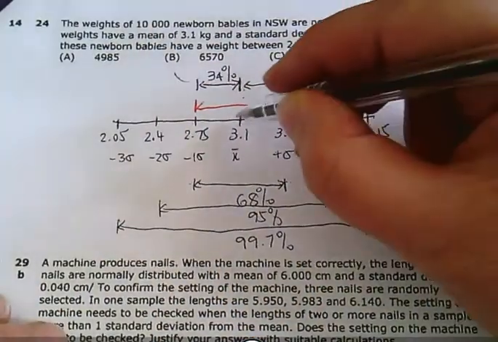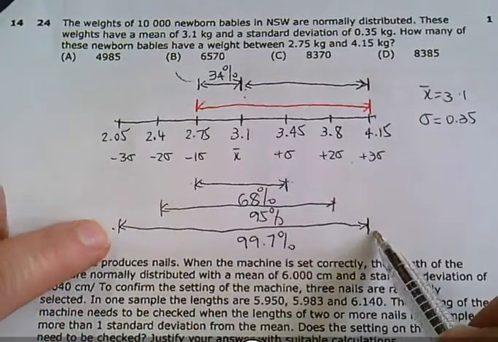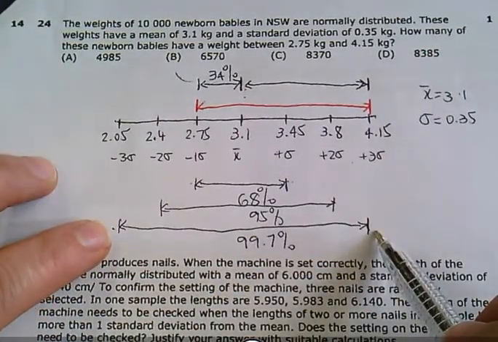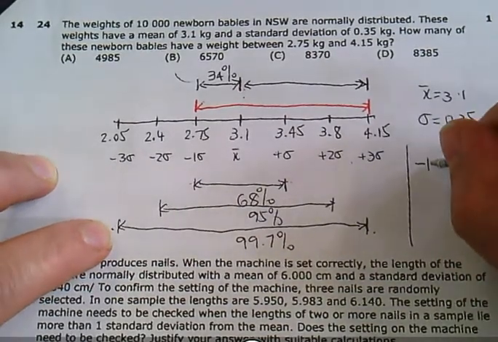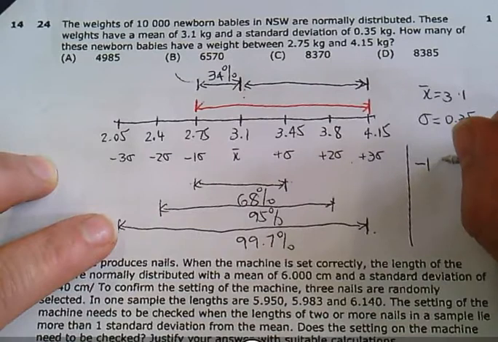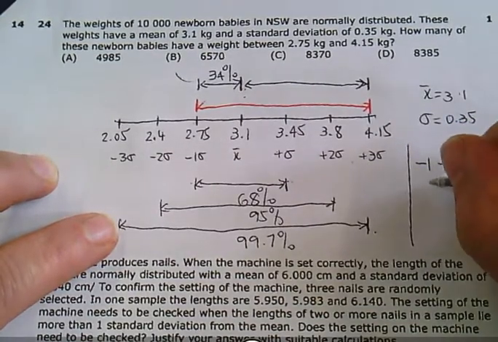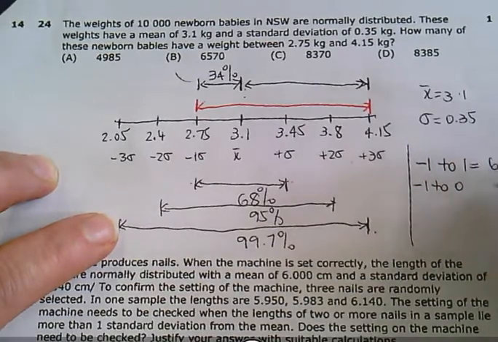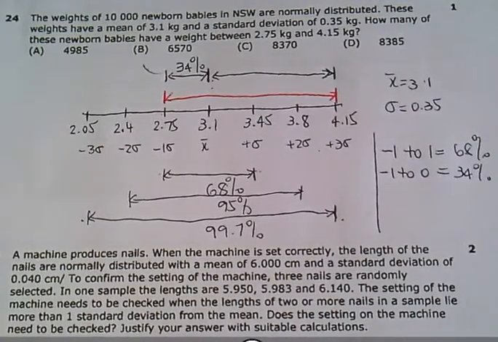Now, how am I going to get from 0 to 3? I know from -3 to 3 is 99.7, so I halve it. See, this is what I'm doing over here. I know from -1 standard deviation to 1 standard deviation, it's 68%. So therefore, from -1 to 0, it's half of that. When I put -1, I mean standard deviations.